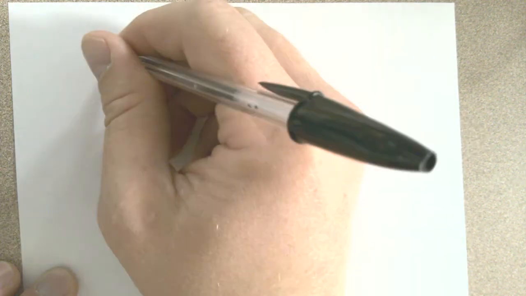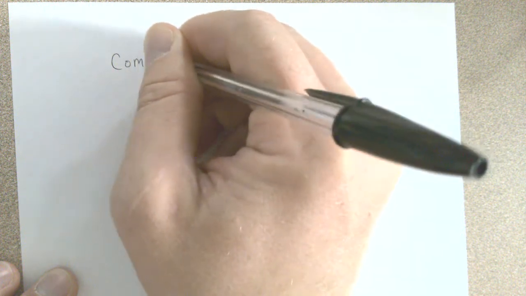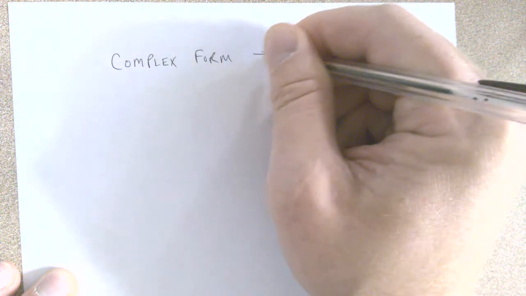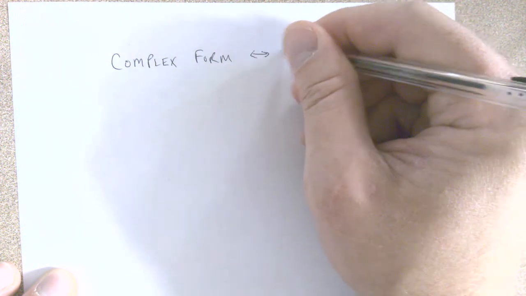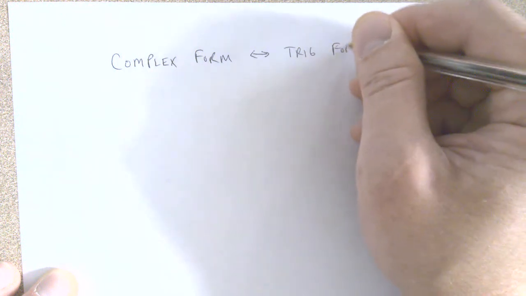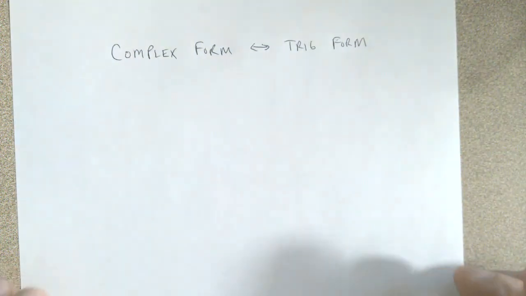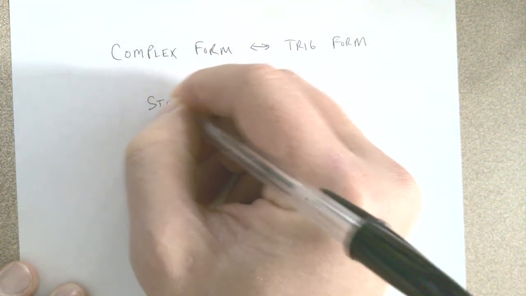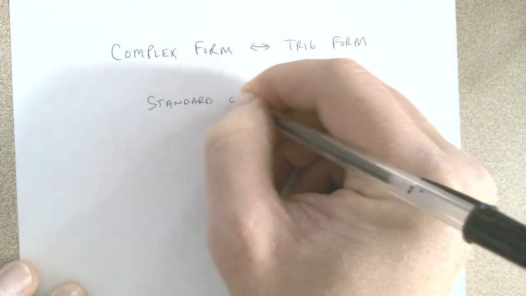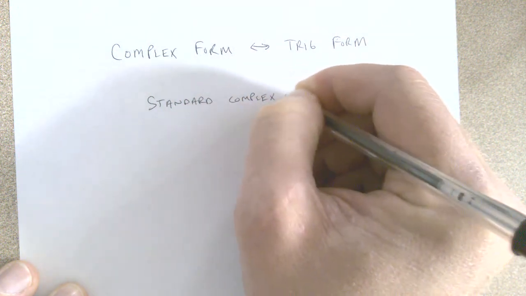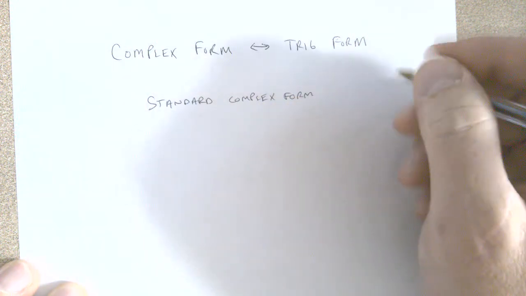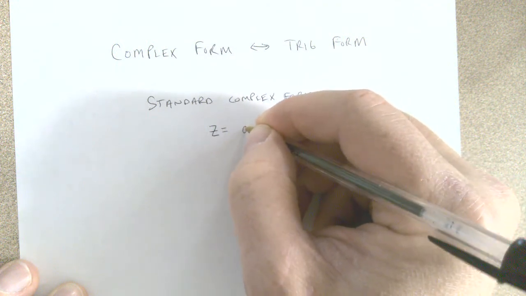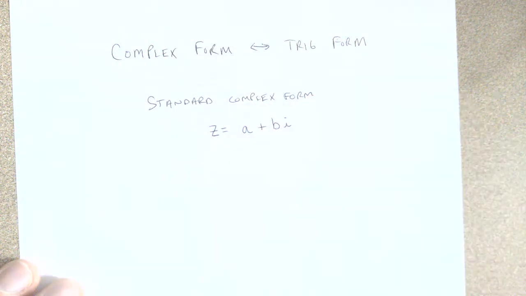Okay, now we're going to talk about going between complex form and trig form. So we say standard complex form is just z equals a plus bi, which we've already talked about.